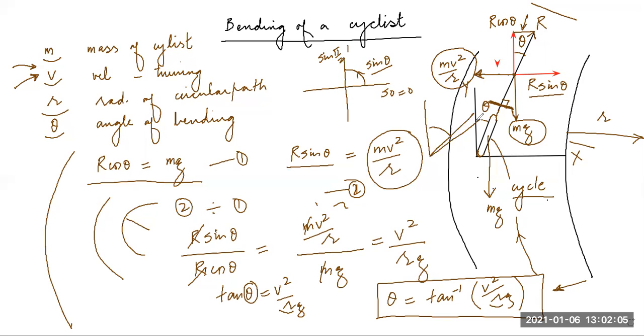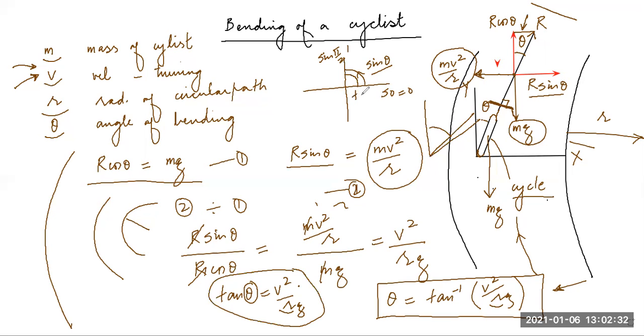So students, this is very important. Now there is also a question like this: prove that at higher velocities the cyclist should bend more. From this you can easily prove that v is directly related to tan theta, because as theta is increasing, the value of tan theta is also increasing.